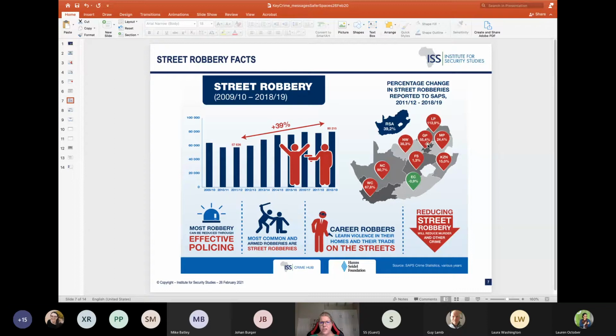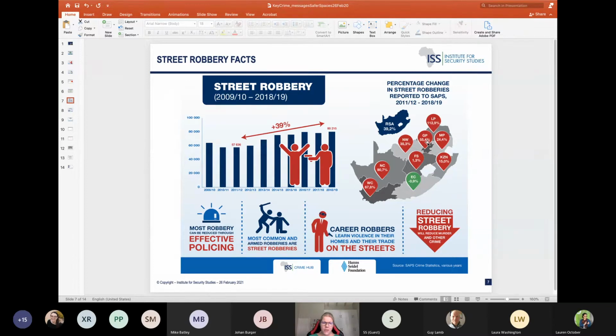What was particularly shocking is that in the Western Cape, you saw almost a 68% increase in street robberies reported to the police, and 55% in Gauteng. And of course, as I pointed out previously, in 2019-2020 it was still increasing to almost 83,000.